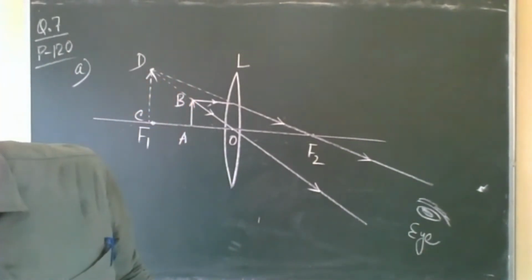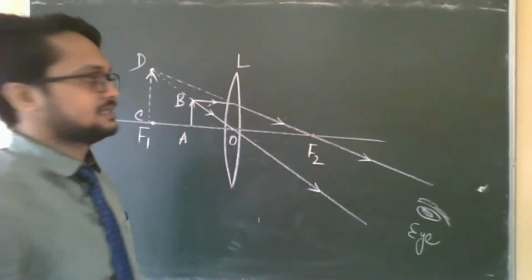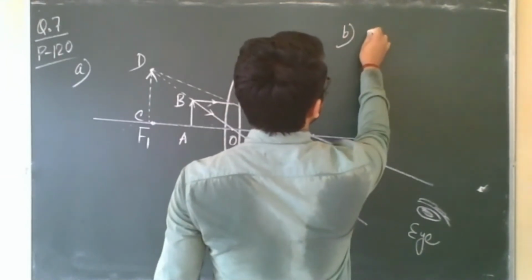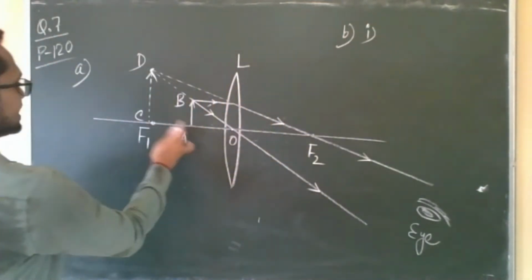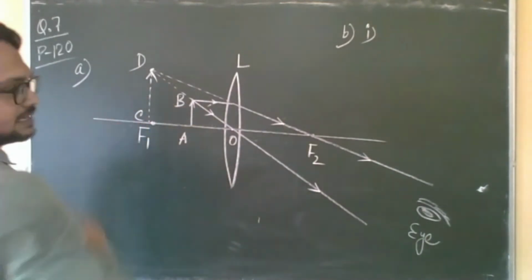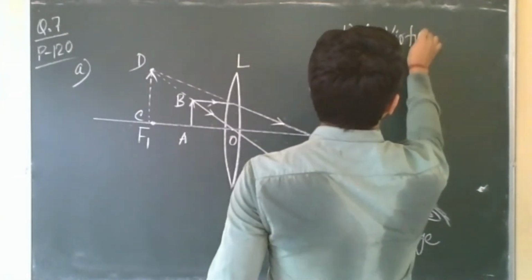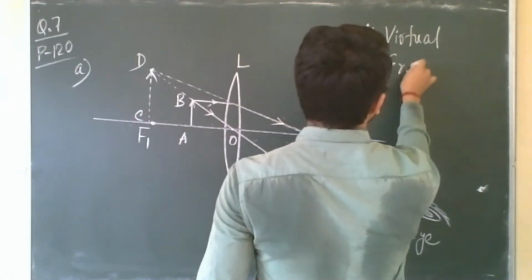Now part B is: state three characteristics of the image in relation to the object. So the three characteristics are: first, object and image are both on the same side of the lens. That means virtual image. Virtual images are always erect.